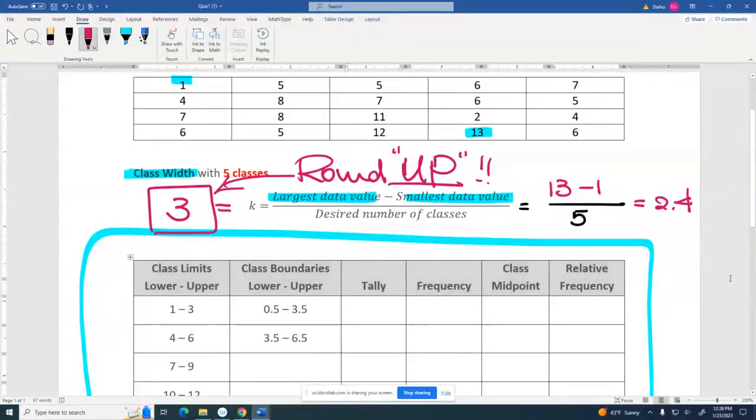Let me count 1, 2, 3. 1, 2. It's only 2? Yeah, there is no 3. Just 1 and 2. It's the 2 values in the first column, right?